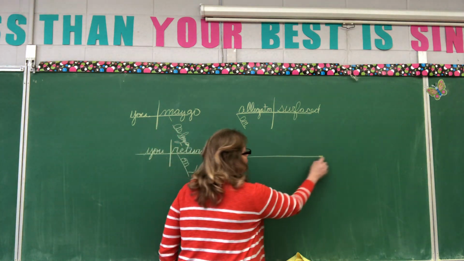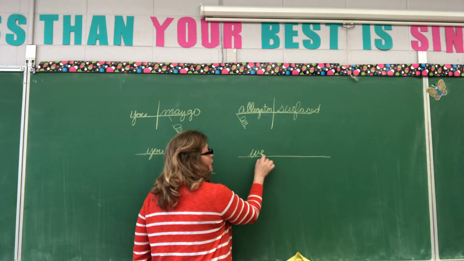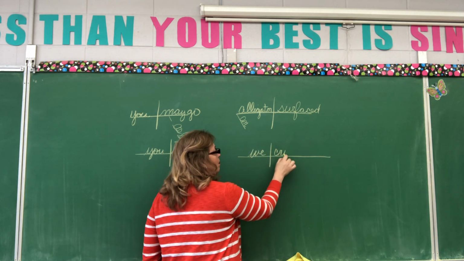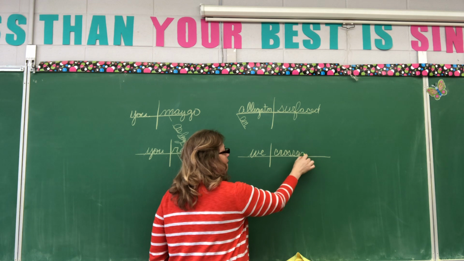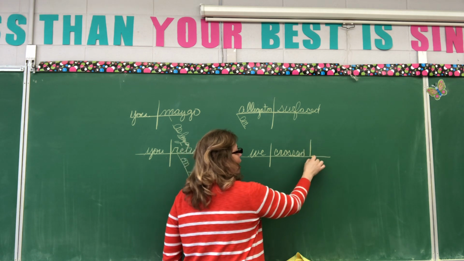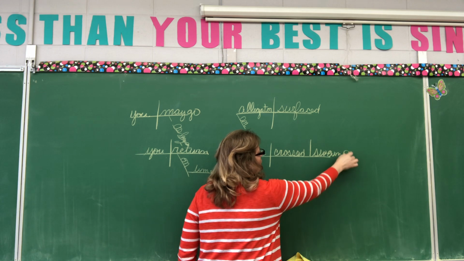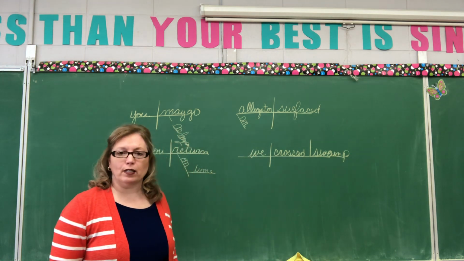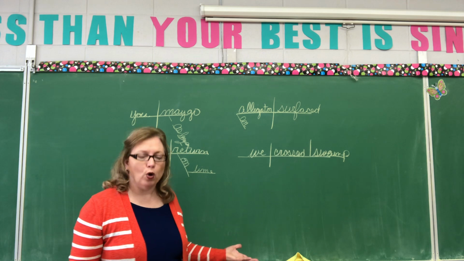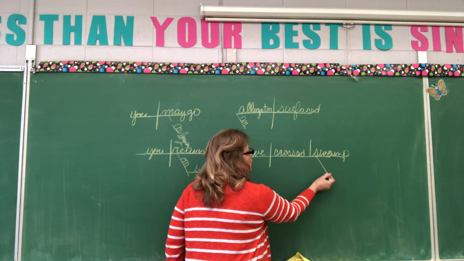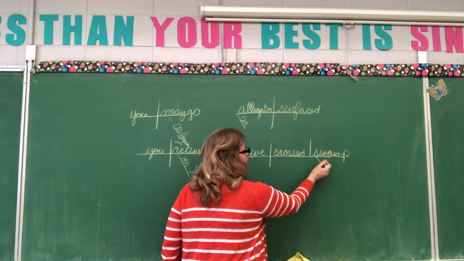Okay, so right underneath it, we're going to put our subject, our verb, and our direct object. We crossed what? We crossed swamp. Which swamp? The swamp. The is an adjective.